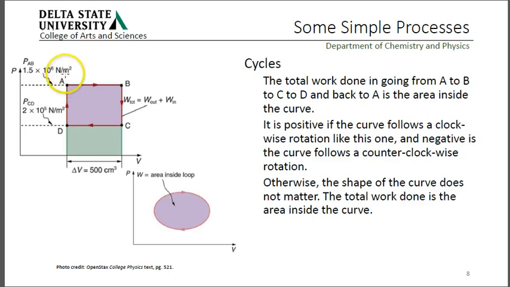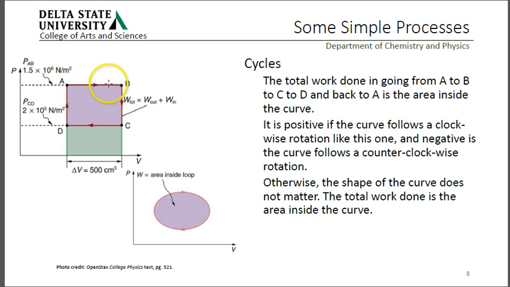So the total work going from A to B to C to D and back to A is the area inside the curve. Why is this? In going from A to B, we do positive work underneath the curve, which is the purple plus the blue area. And going from C to D, we do negative work because we're headed the other direction, and the negative work is the blue area.